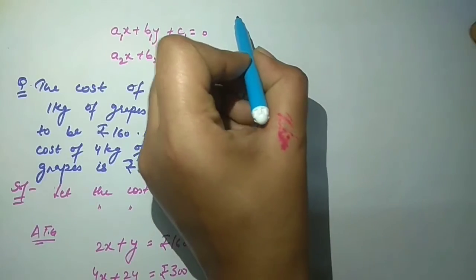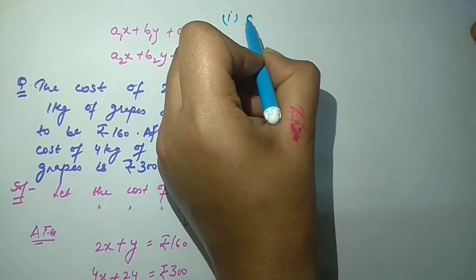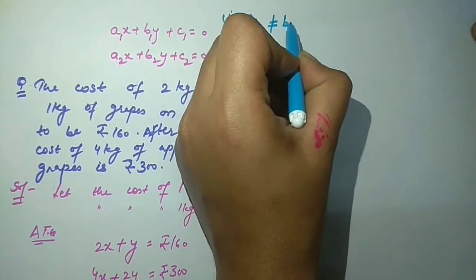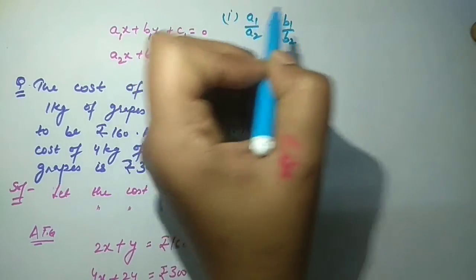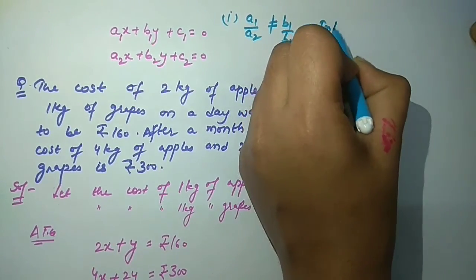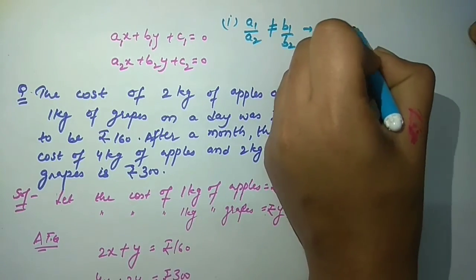Now if we have A1 upon A2 not equal to B1 upon B2, then those two lines would be intersecting.